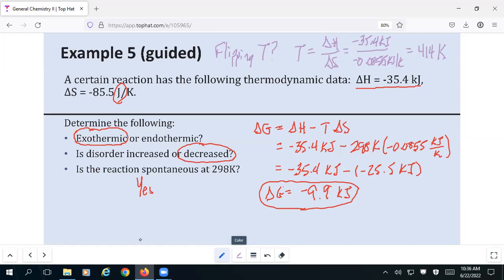And what the calculation tells us is that 414 Kelvin, that's our tipping point. 414 Kelvin is roughly 141 degrees Celsius.